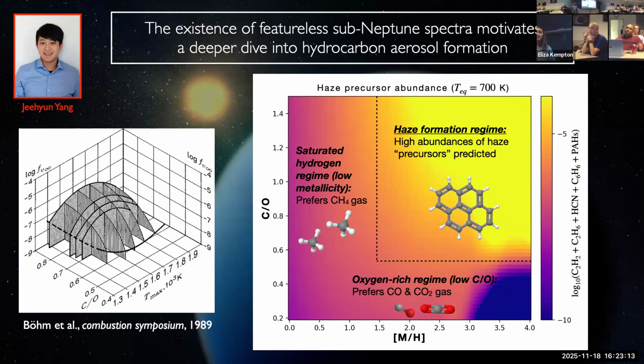And then through quenching and vertical mixing, you can loft those hydrocarbons up to observable locations in the atmosphere.